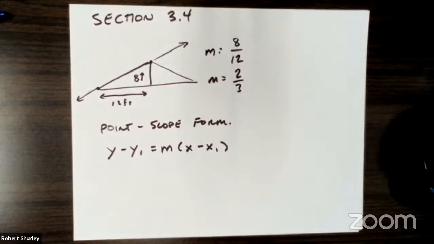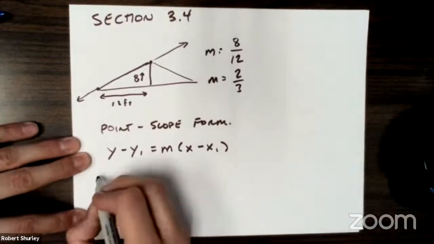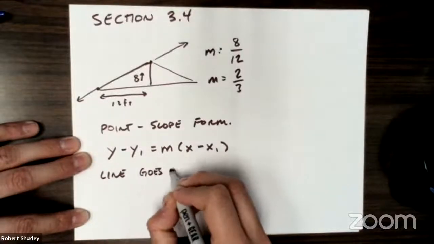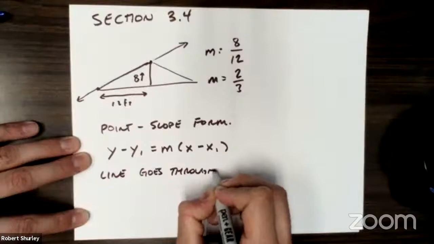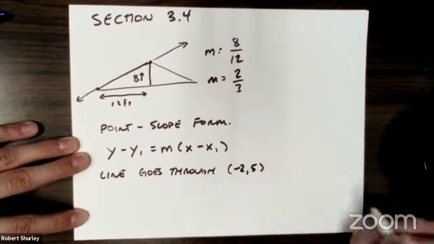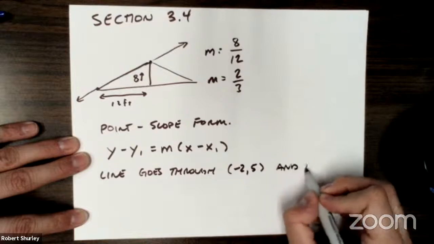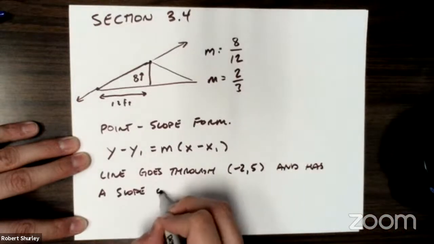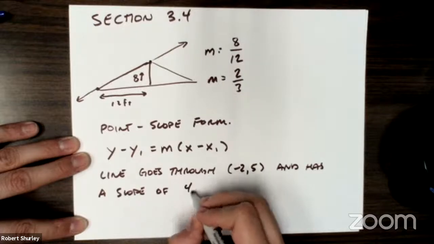Let's say we know a line goes through, let's just use some coordinate, let's say negative 2, 5, and has a slope of 4.